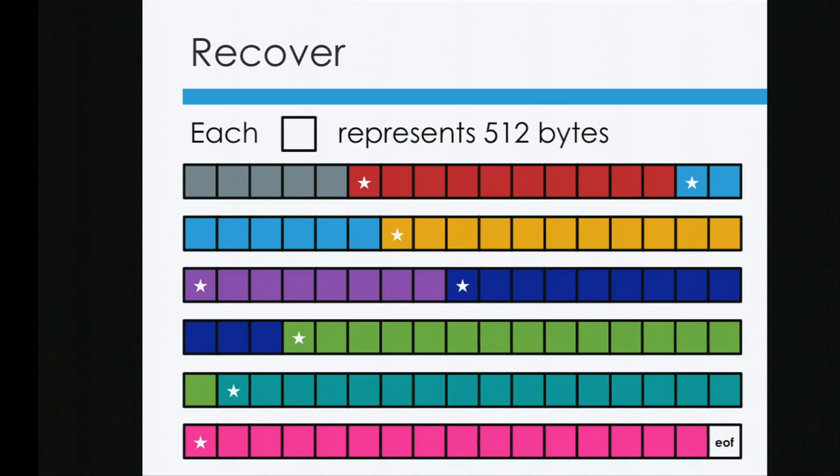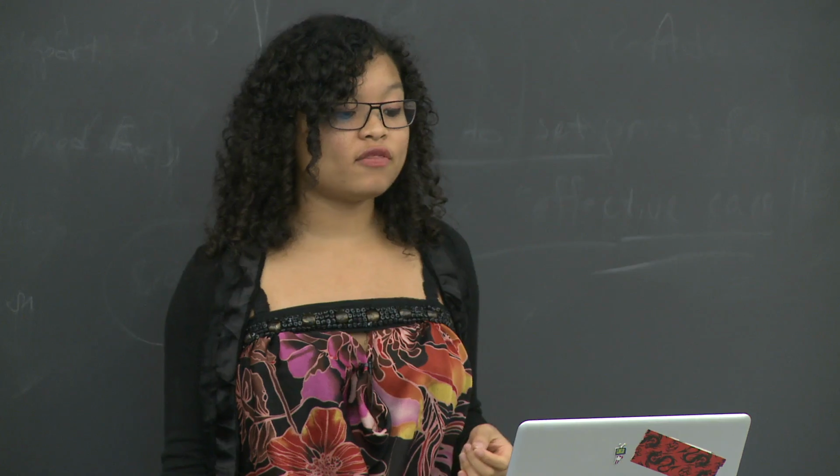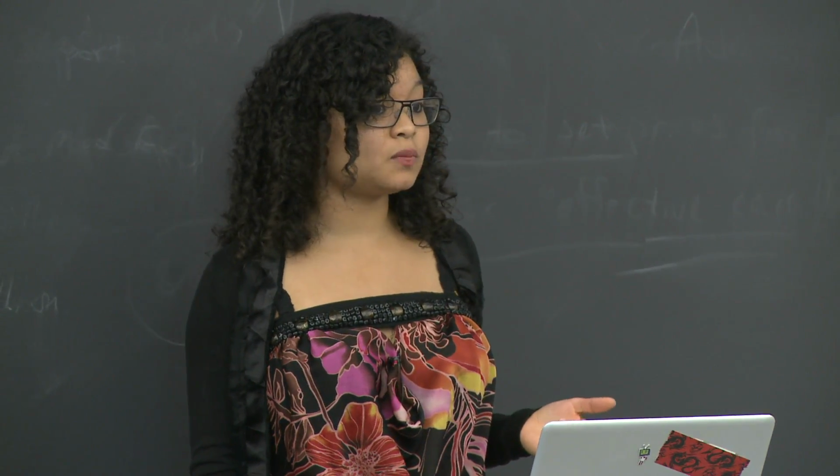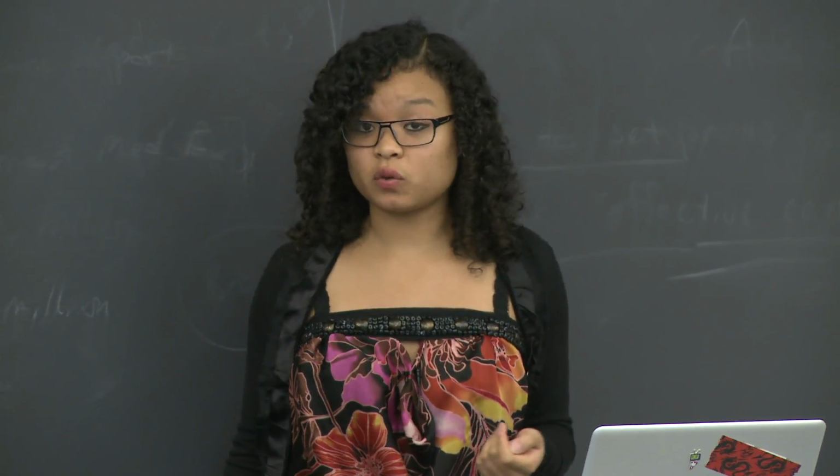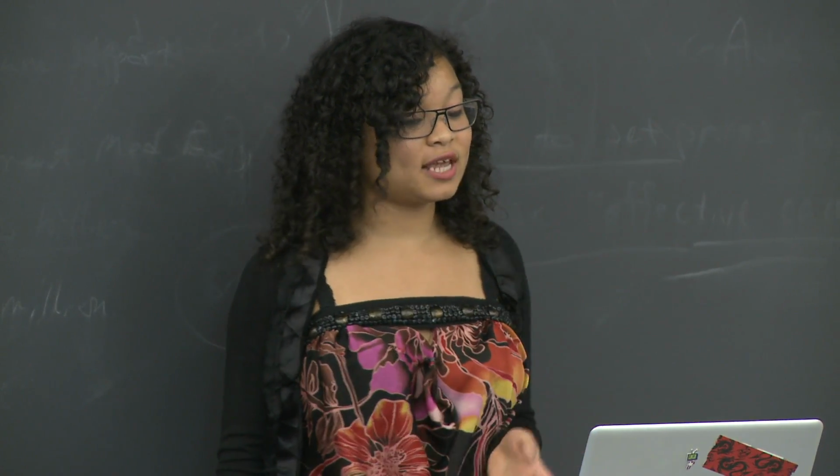So in this picture, what you see is in the beginning of the card, you have values that aren't really relevant to the actual JPEGs themselves. But then I have a star to indicate one of the two starting sequences for a JPEG. So whenever you see a star, you know that you have a JPEG file. Every JPEG file is going to be some multiple of 512 bytes, but not necessarily the same multiple.